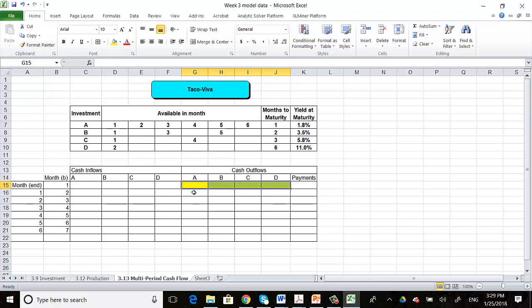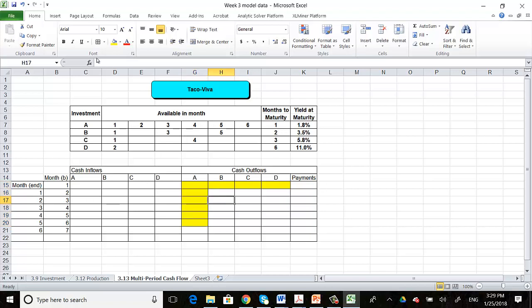And they also had A2. If you look at your model, we have A2, A3, right? Every month we can do an A, so it goes all the way to the beginning of month 6. So we have 6 of them: A1 through A6.